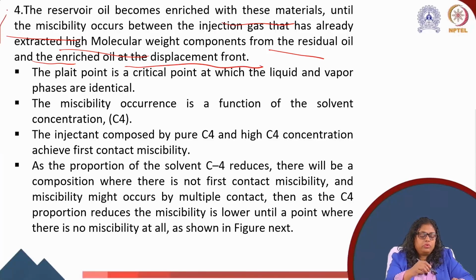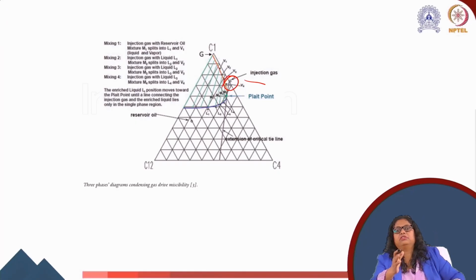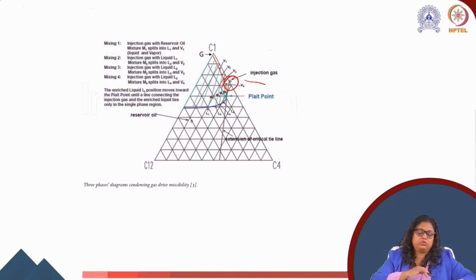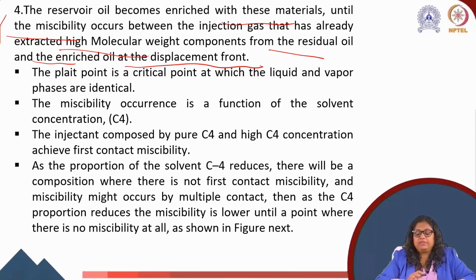So first there is gas injection, then intermediate components are transferred from the oil to your gas, then the gas is enriched with intermediate components and goes back into the oil phase, and during that time some of the injected gas also gets into the oil, and this keeps happening until there is a final single phase.